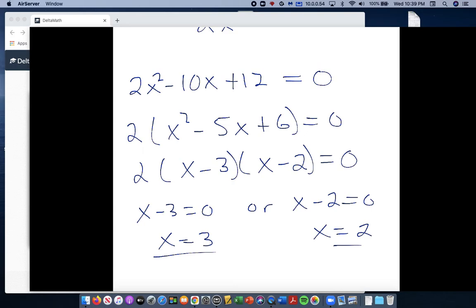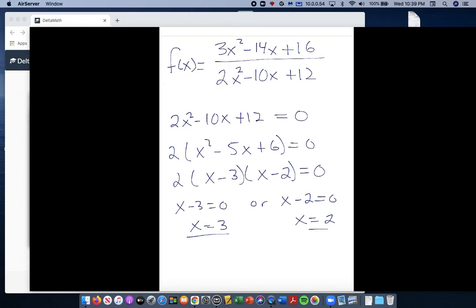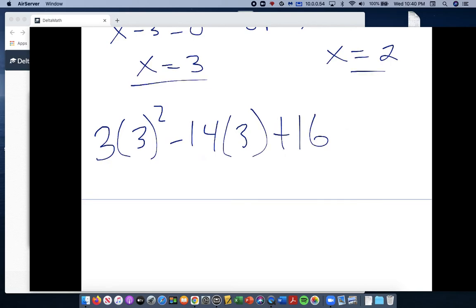I just have to check those in the numerator. So if I go back up here, does 3 times 3 squared minus 14 times 3 plus 16 equal 0? Going through that, this is 3 times 9, which is 27, minus 14 times 3, which is 42, plus 16.